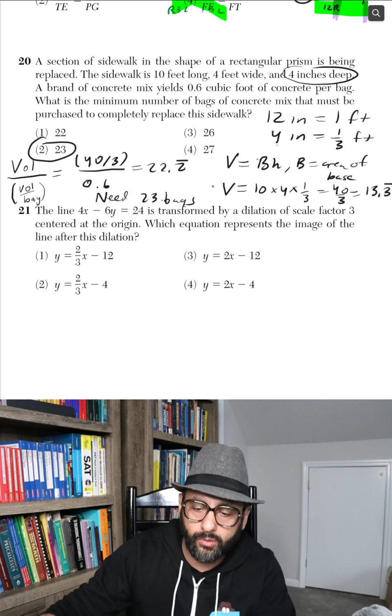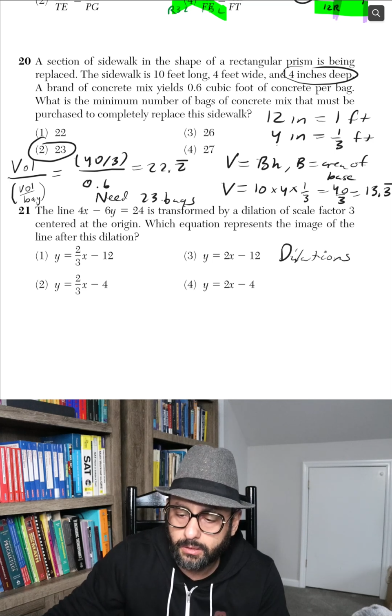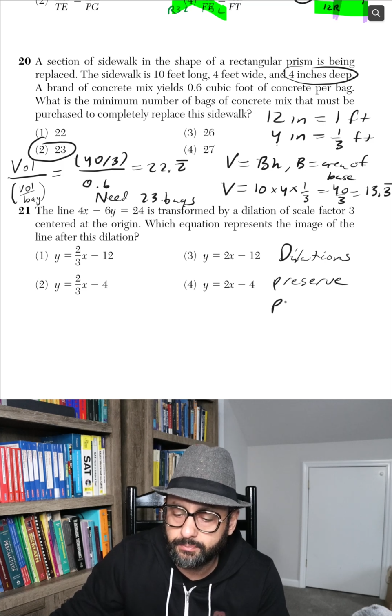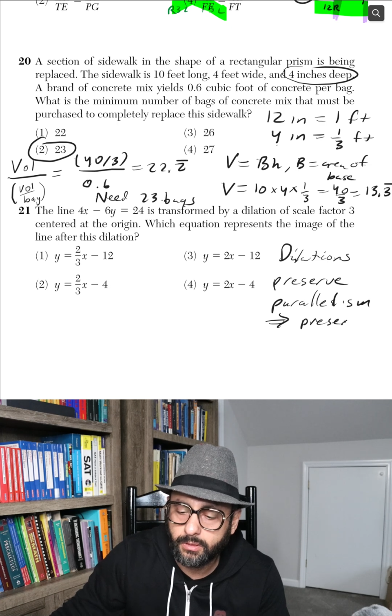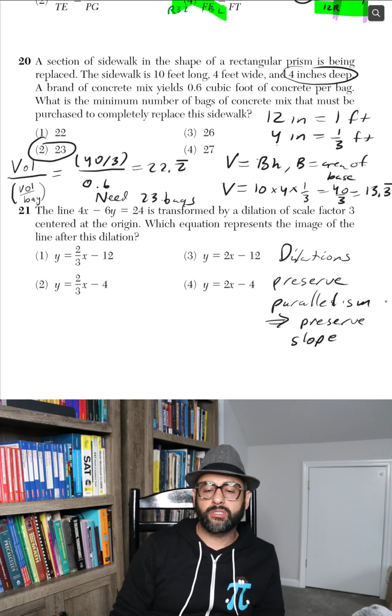If you recall, dilations preserve parallelism, and so they preserve slope, since two lines that are parallel to each other have the same slope.